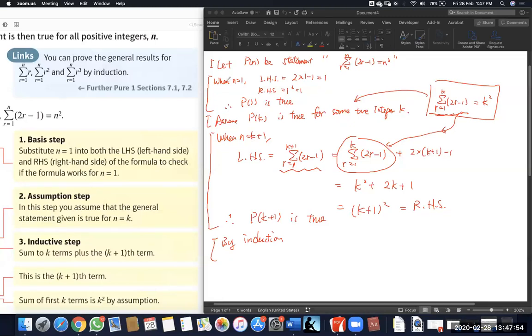If you can't prove the above, you can't prove step 4, and then step 5 will not be awarded 1 mark. So step 5: by induction, Pn is true for all positive integers.